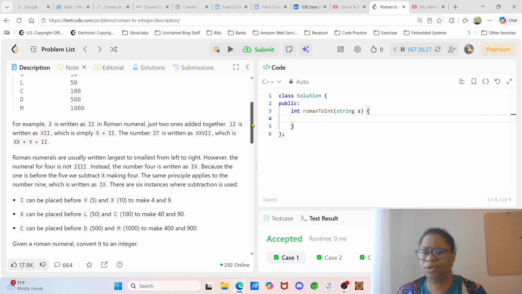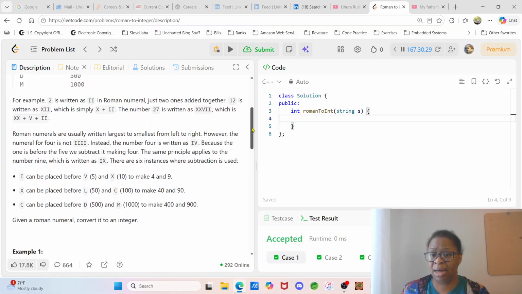For example, 2 is written as capital II in Roman numeral, just two ones added together. 12 is written as capital XII, which is simply 10 plus 2. The number 27 is written as capital XXVII, which is 20 plus 5 plus 2.